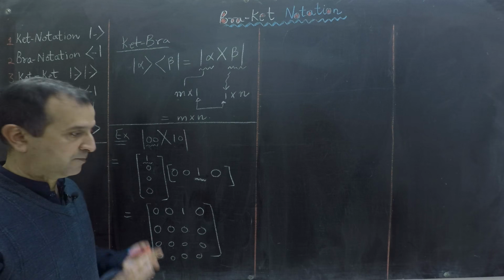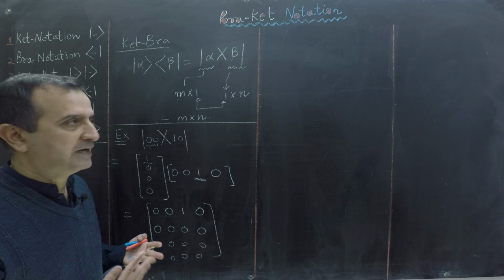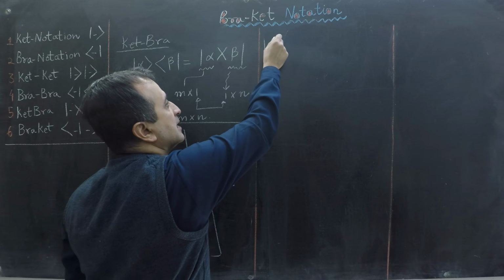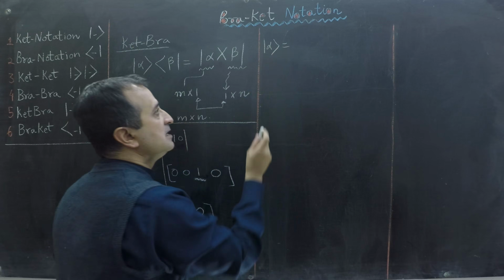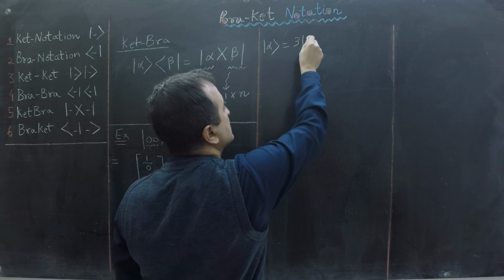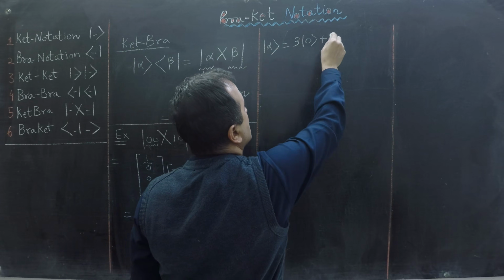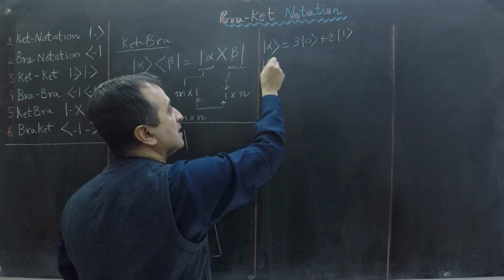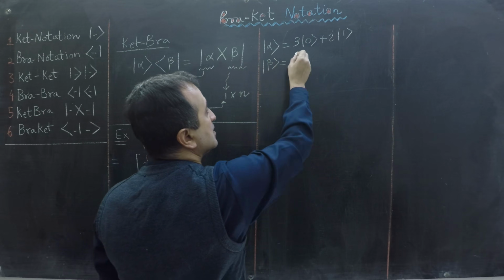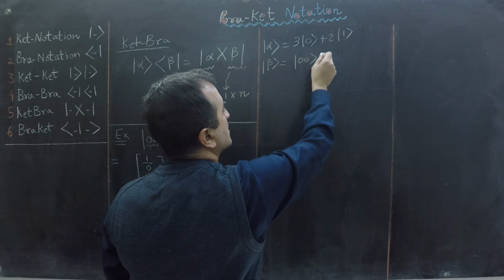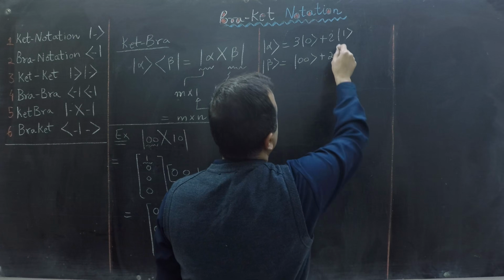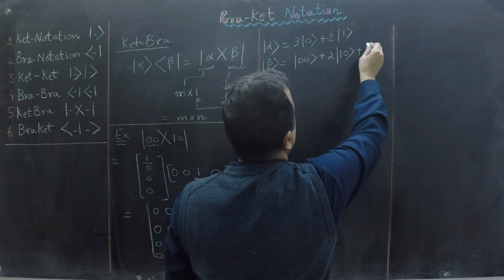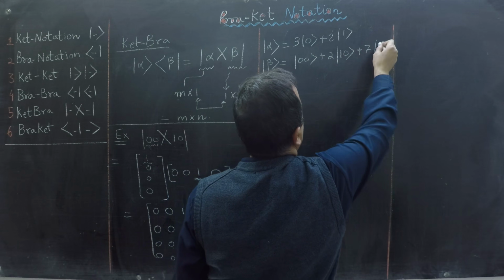Let's make this concept even more clear with a bit more difficult example. In this example, my ket alpha is equal to 3 ket 0 plus iota ket 1, and my ket beta is equal to ket 0, 0 plus 2 ket 1, 0 plus 7 ket 1, 1.